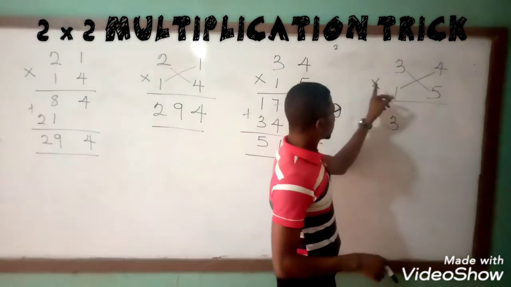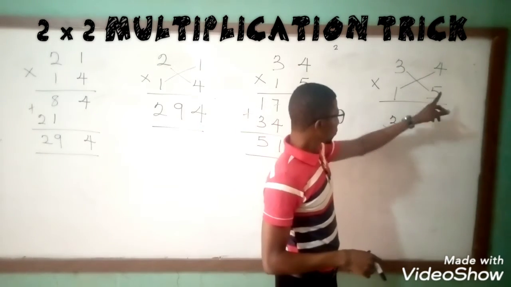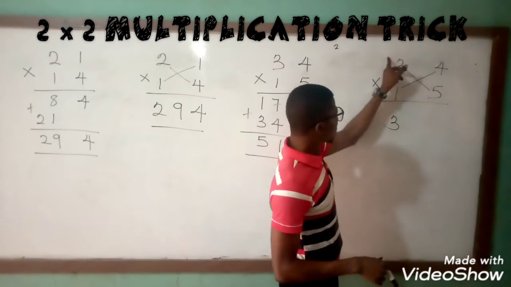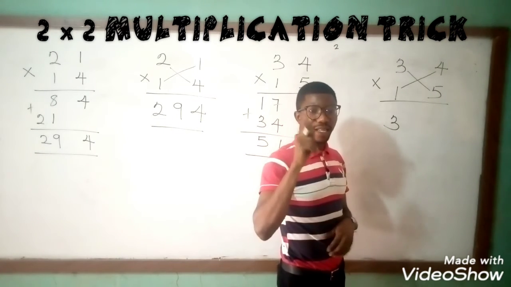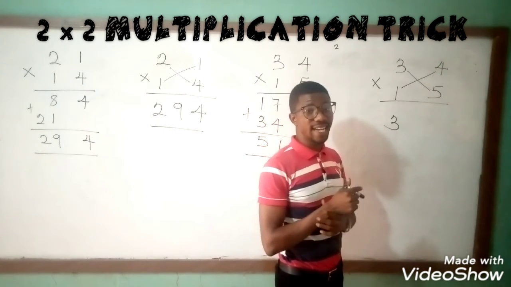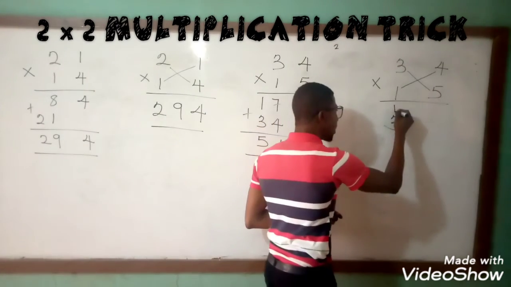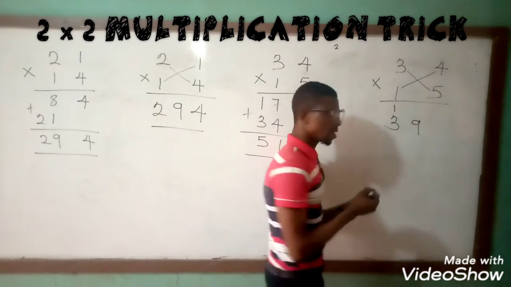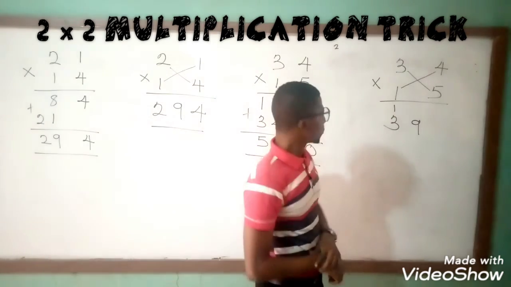So 1 times 4 is 4. 5 times 3 is 15. So 15 plus 4 is 19. You put the 1 here and put the 9 here.